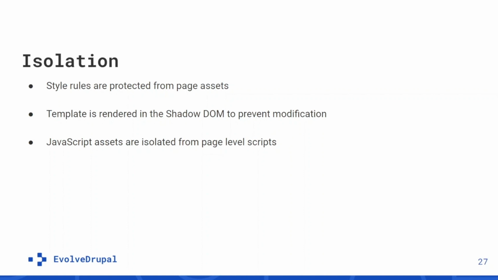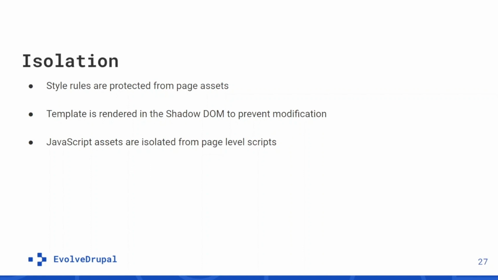The template is rendered in what they call the shadow DOM. So the shadow DOM is this kind of new concept where it is a part of the markup that gets rendered that cannot be easily accessed, cannot be easily seen. That's why they call it shadows. And in order to actually peek into there, you actually have to do a lot of effort.